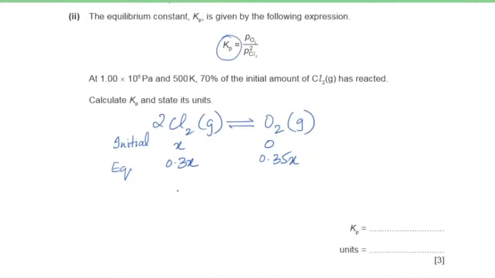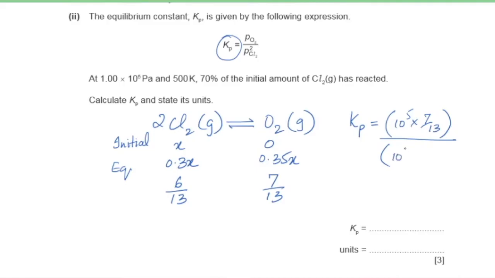So now the mole fraction of chlorine is 6/13, and of oxygen is 7/13. The Kp has a formula: the partial pressure of oxygen, which is the total pressure of the system multiplied by its mole fraction, 7/13, divided by the partial pressure of chlorine, and that should be squared since we're using 2 moles of chlorine in the equation.